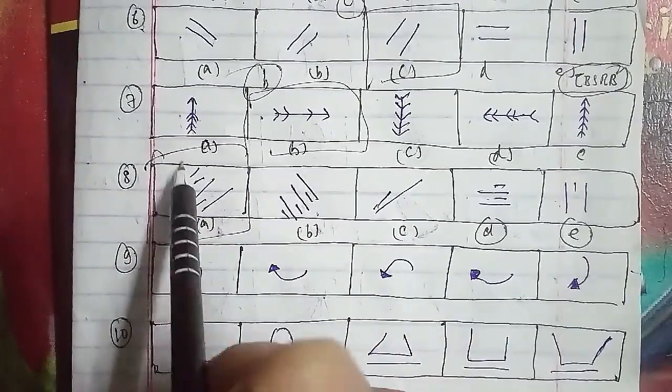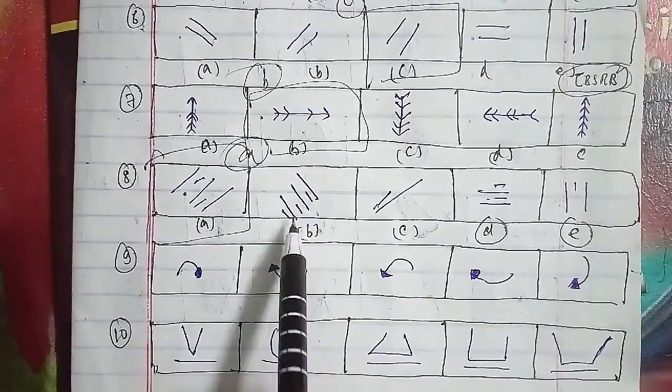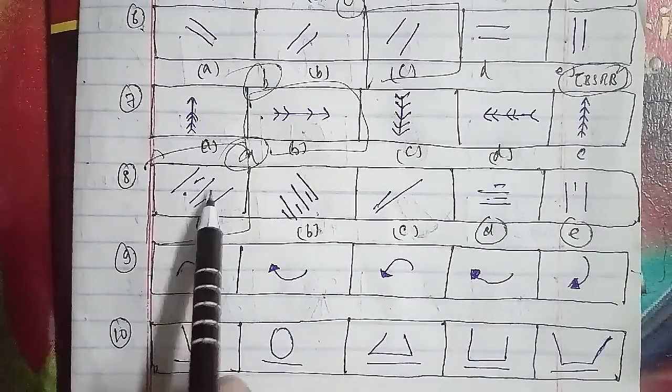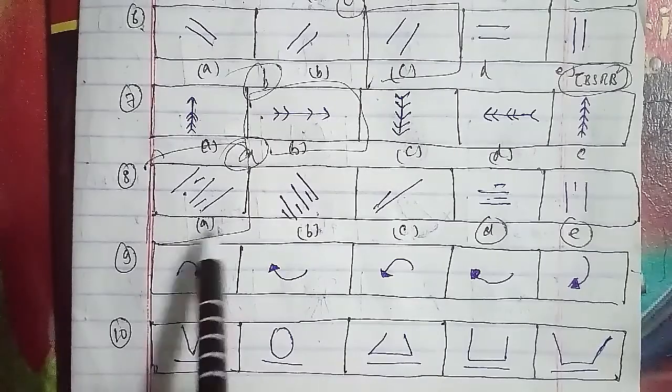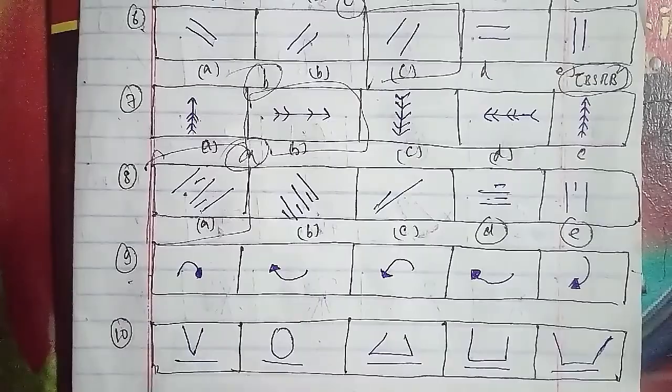As you can see here, this is clockwise, this is also clockwise, this is anti-clockwise, this is clockwise, and this is also clockwise. So the anti-clockwise direction is figure C, and that is the odd man out, and that will be the right answer for this question as well.